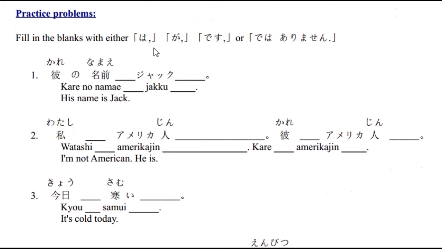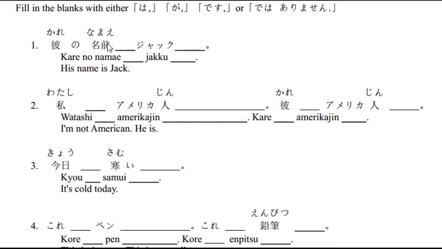So we're going to fill in the blanks with wa, ga, desu, or de wa arimasen. So here we have the Japanese sentence and the romaji. So I encourage everyone when you're filling out the answers to write down the answers in hiragana or katakana, and in the future in kanji. It will really help reinforce what you're learning.